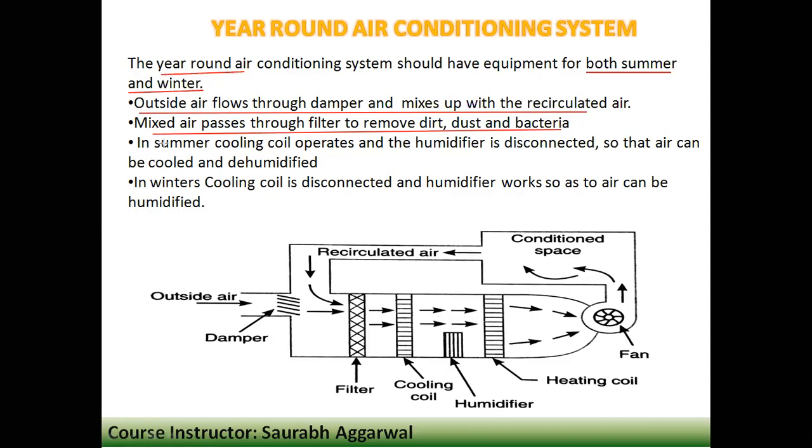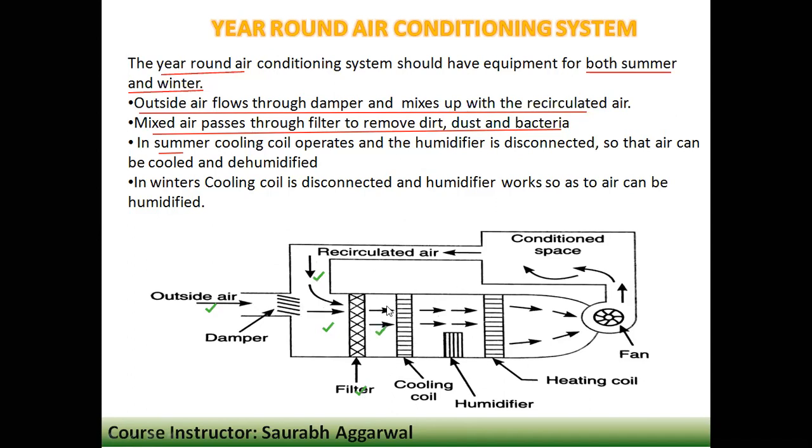Then the next one is, it has the capacity to bear both the loads, during the winter and the summer also. Before starting here, I would like to go on to the figure first. You can see, after coming from the damper, this is the outside air, and outside air and recirculated air mix over here, pass through the filter and come to the cooling coil.